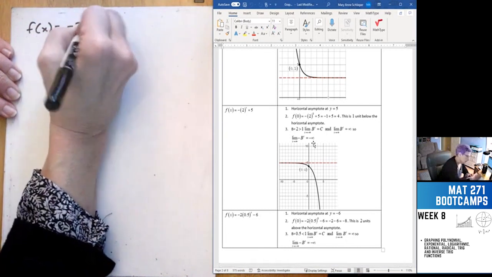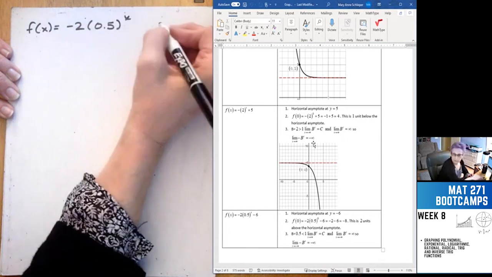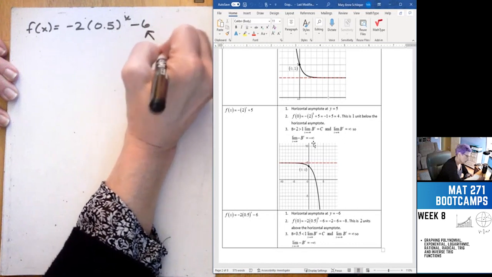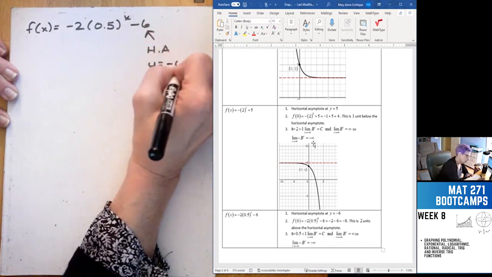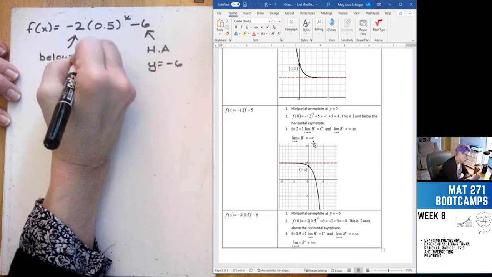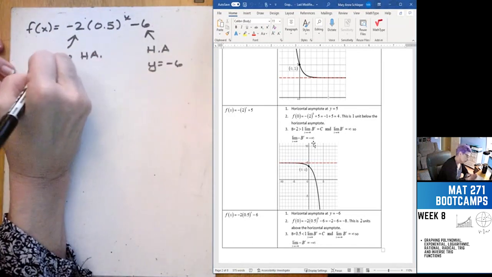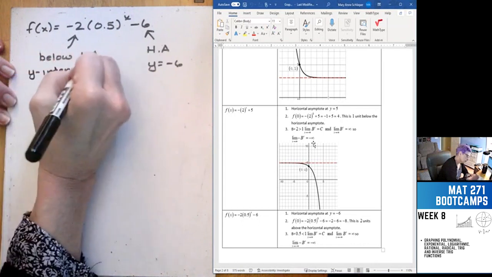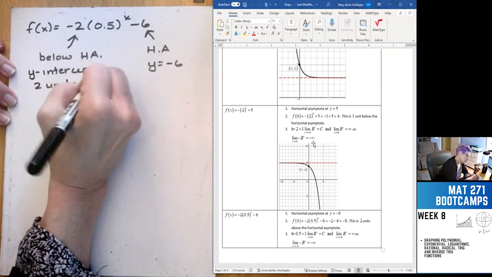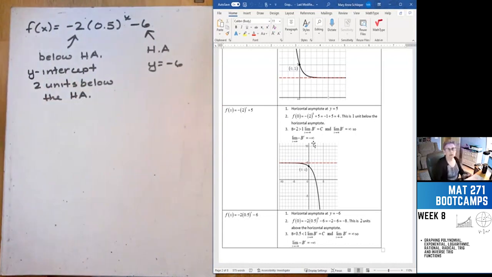Equals negative 2 times 1/2 to the x minus 6. So horizontal asymptote, below horizontal asymptote, and the y-intercept is 2 units below the horizontal asymptote.